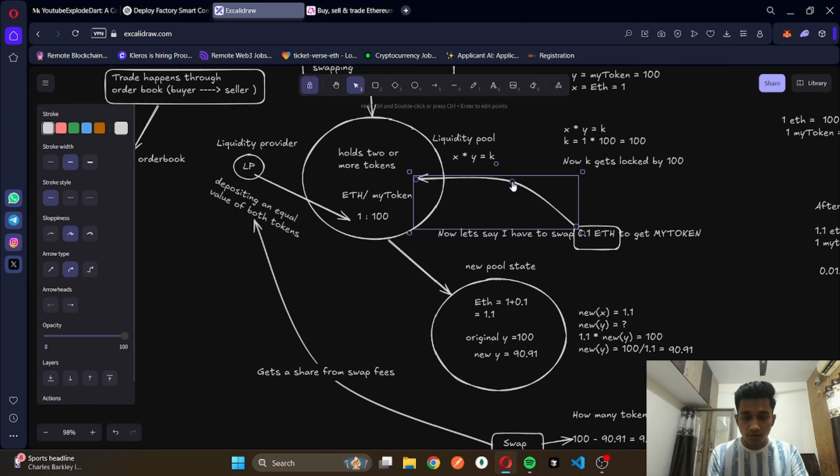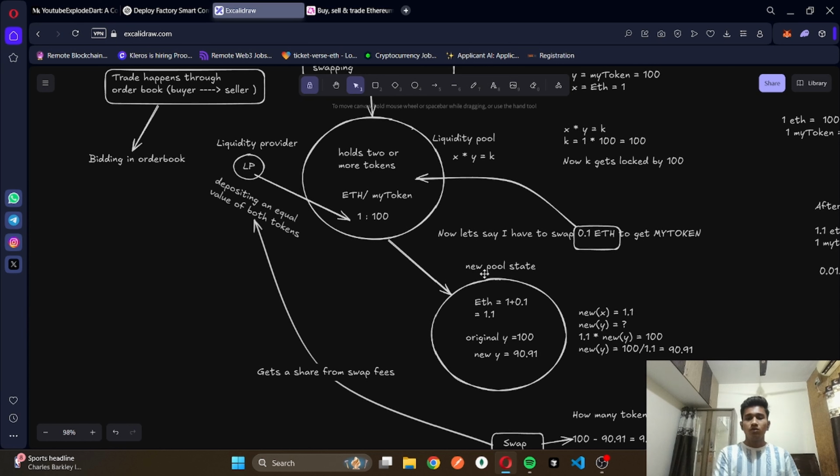So what will be the new pool state? There will be 1.1 ETH in this pool. And what was the original ETH over here? The original ETH was 1 ETH, and the original Y was 100.